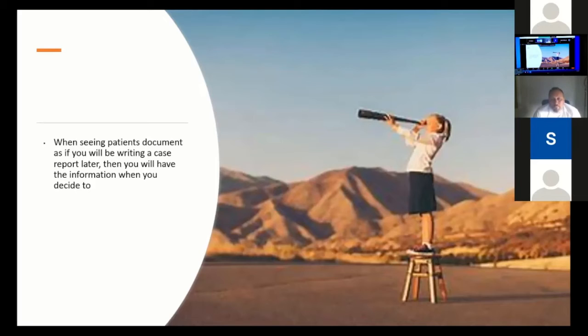From my experience, I don't usually know the first visit that I'm writing a case report. Or I know, usually near the end of that course of treatment that something interesting has happened, or that new information comes to light that makes me decide that I want to write this case up.